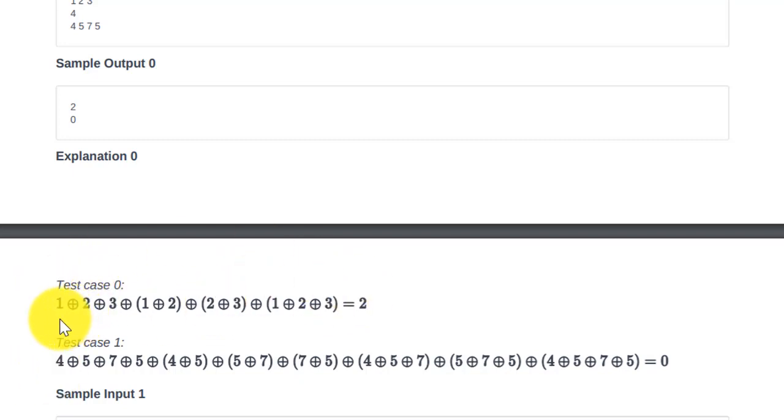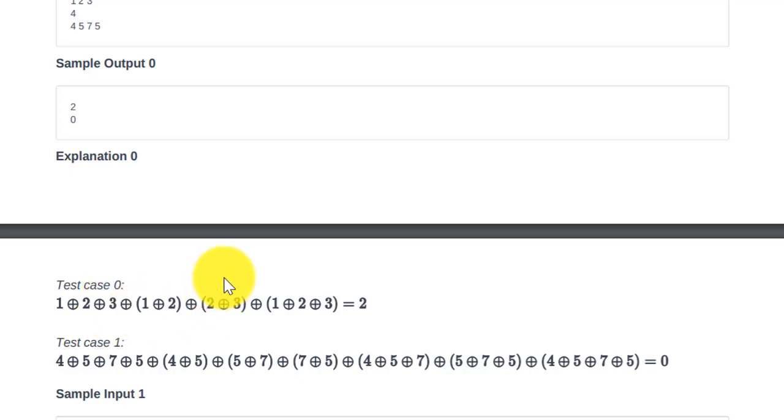So let's count. We have 1 repetition of number 1, we have 2 and 3. So we have an odd number of numbers 1. So we are taking number 1. But what about 2? We have 1, 2, 3, and 4. So we don't take number 2 at all. Now let's see number 3.